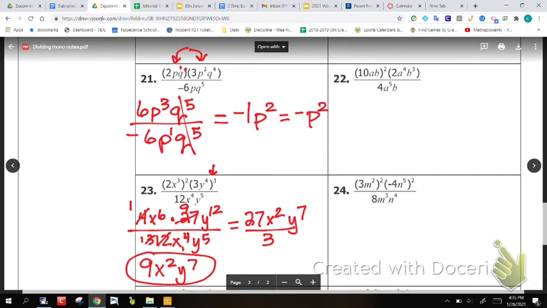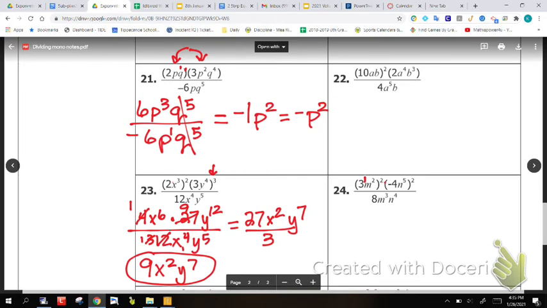Okay, let's hop over here and do 24, another one that's a little bit more involved. So again, inside parentheses, there's nothing I can simplify. So I need to take care of the power rule first. So I'm going to take every exponent inside parentheses times that 2 on the outside.